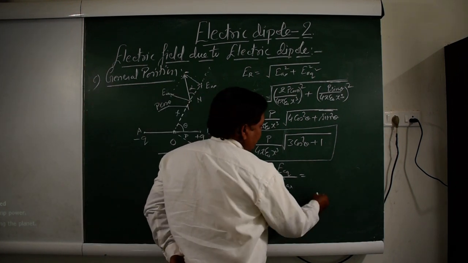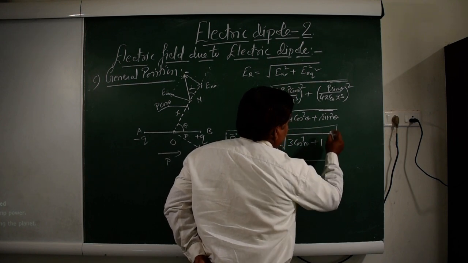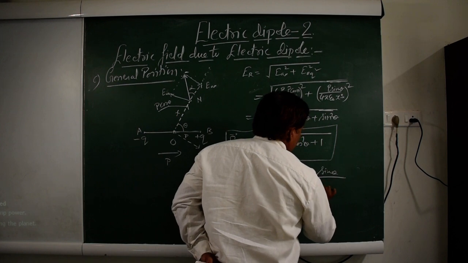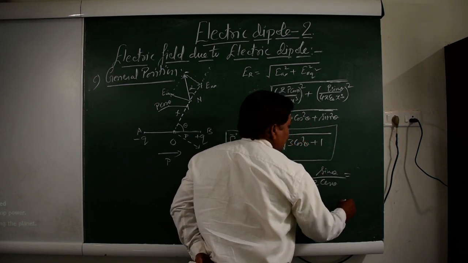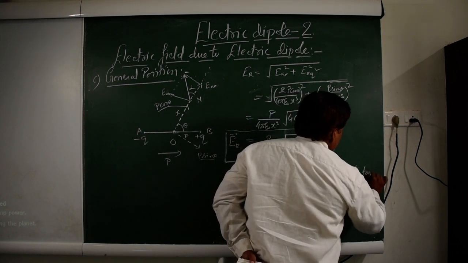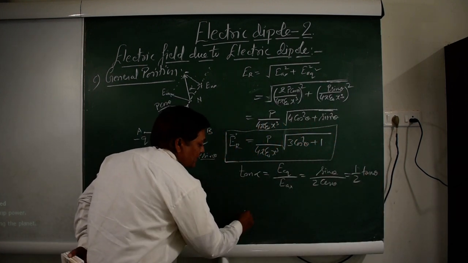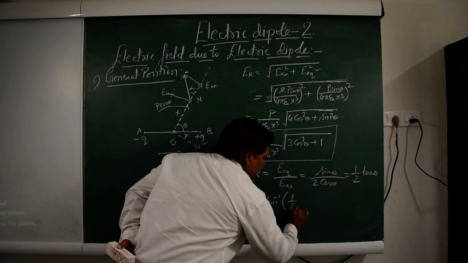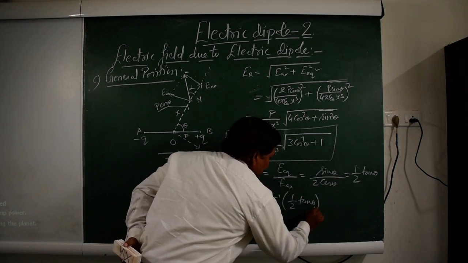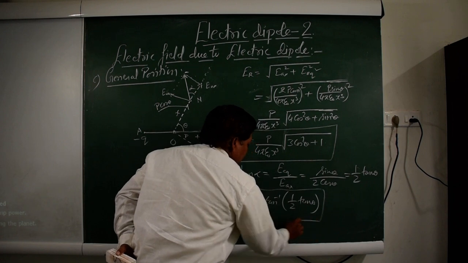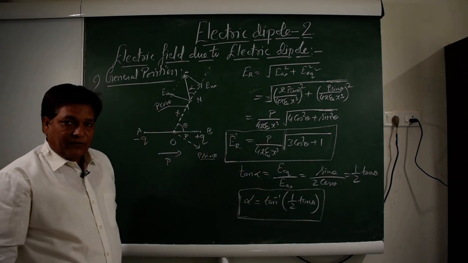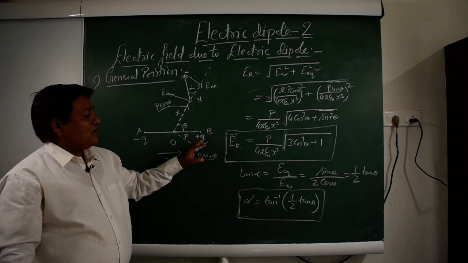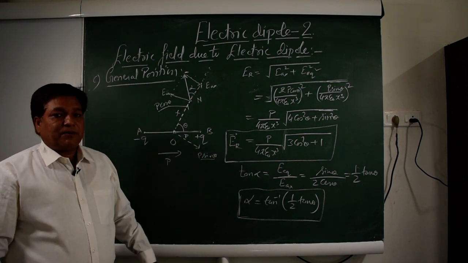What is left is sin theta upon 2 cos theta, which becomes half tan theta, and the direction will be alpha is equal to tan inverse of half tan theta. This is the required expression for the direction of the electric field at a general location.